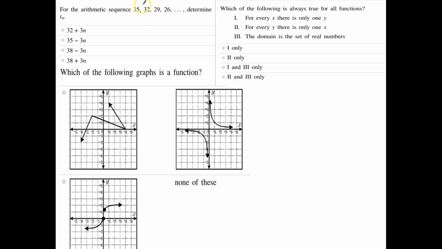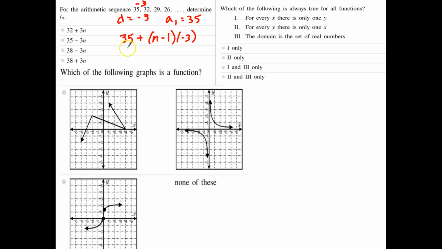So the common difference, we are subtracting 3 each time. And then our first term, a sub 1, is 35. So the nth term is just our first term plus n minus 1 times negative 3.